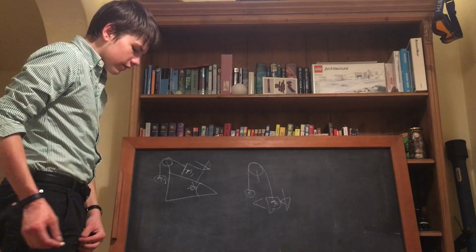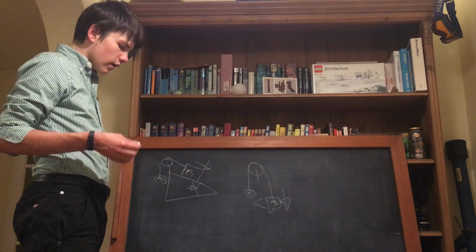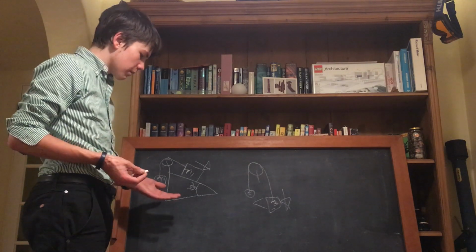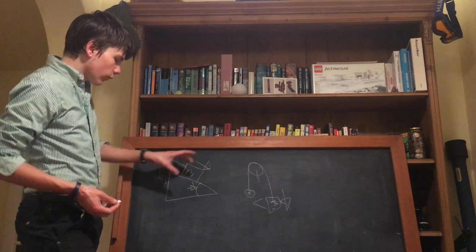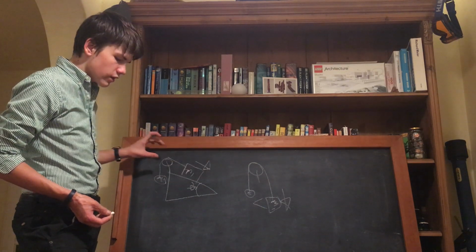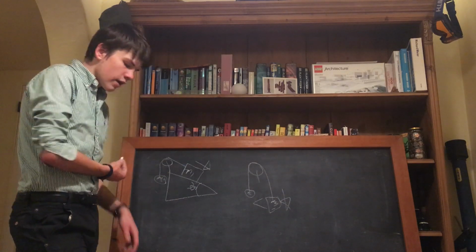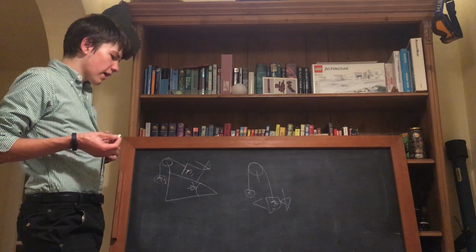Then the next option is mass 2 times sine of 30 is greater than mass 1. However, that doesn't make sense, as mass 2 is the one moving up and down, while mass 1 is moving along the slope. So that leaves us with mass 1 times sine 30 is less than mass 2.